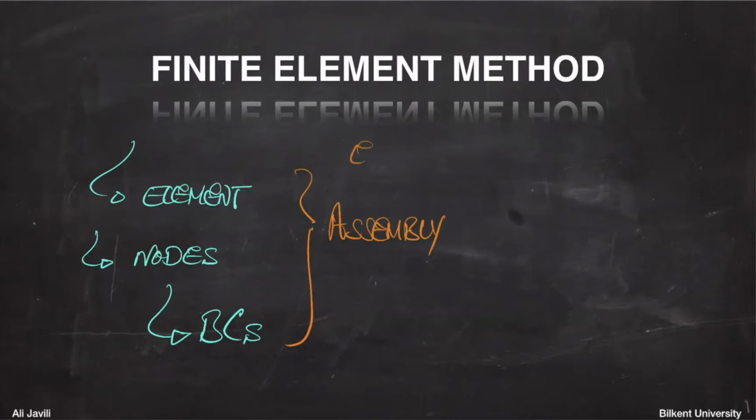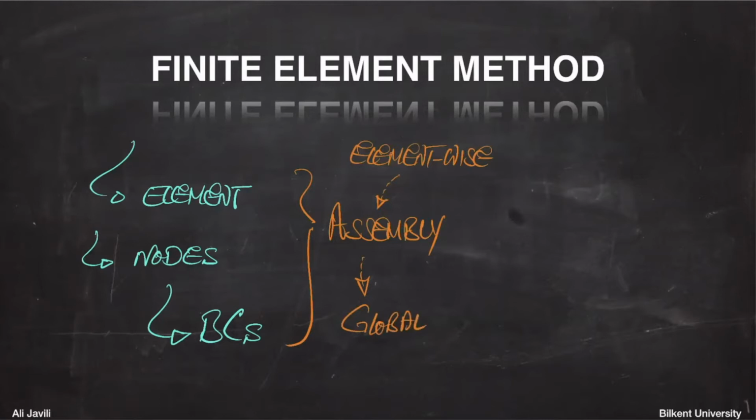So let's say you have your element-wise quantities. In this case, it would be something like stiffness, and then you throw those quantities into your assembly procedure, and your assembly procedure gives you your global system.